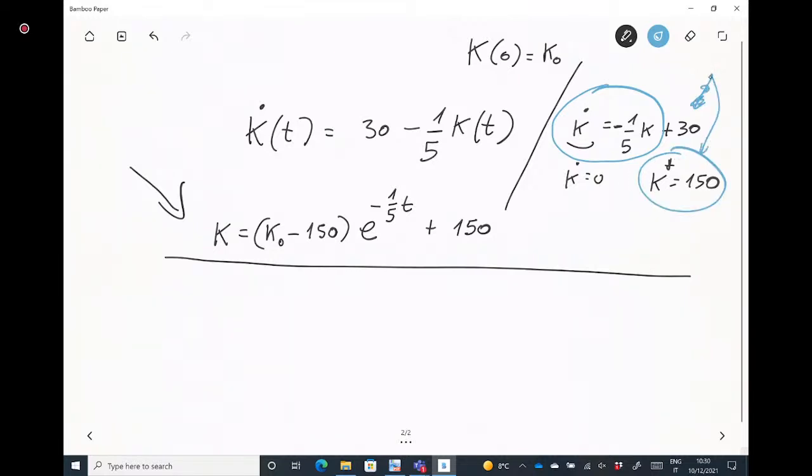So the solution to K dot equal to minus 1 over 5 K is, the general solution is K(t) equal to c exponential of minus 1 over 5 t. On the other hand, the particular solution, K star, is equal to 150. So you write the general solution, K(t), as the sum of these two.